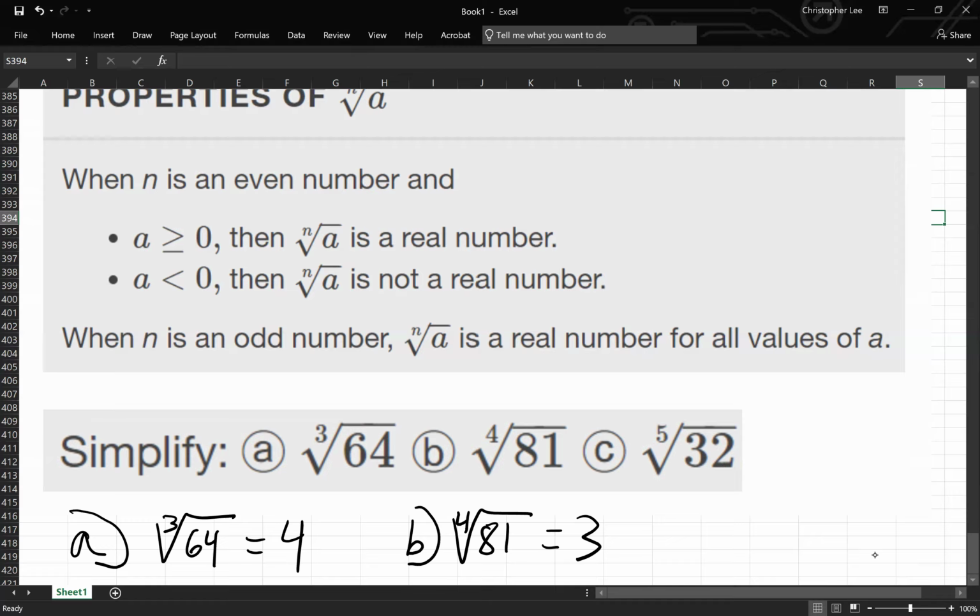Right? What about C? Oh, this is an easy one. What is the fifth root of 32? What is it? Very good. Yeah. And that's it. That's because 2 times 2 times 2 times 2 times 2 is 32.